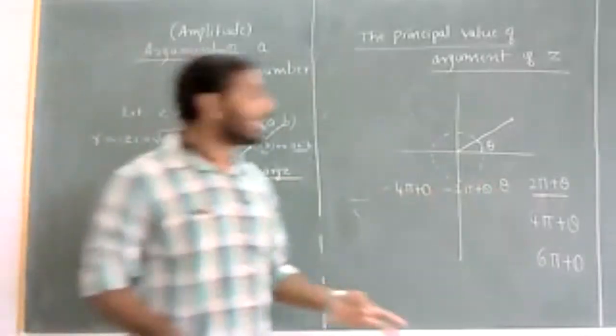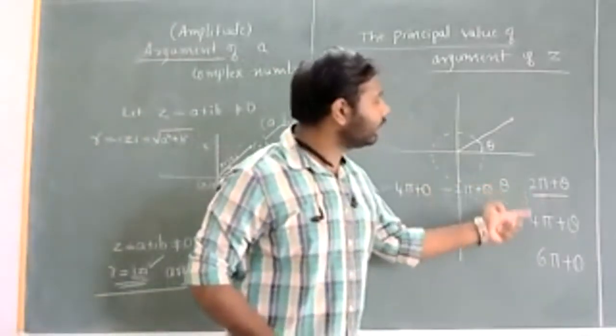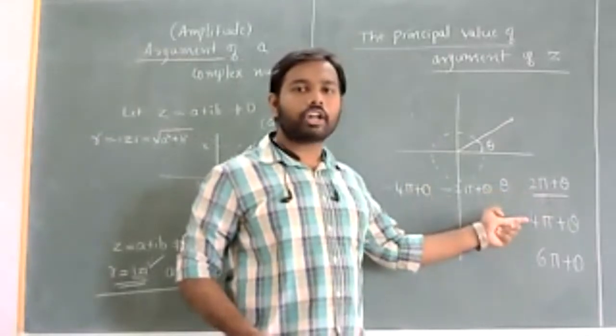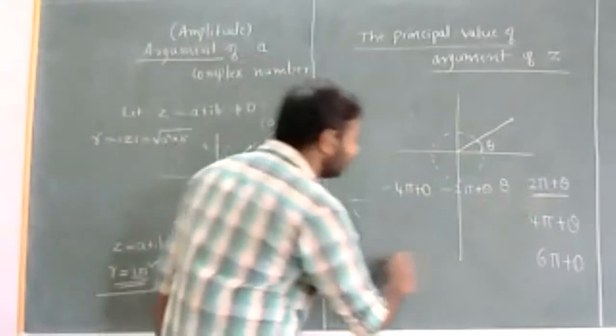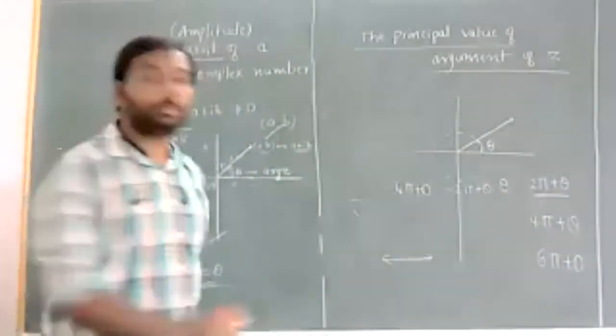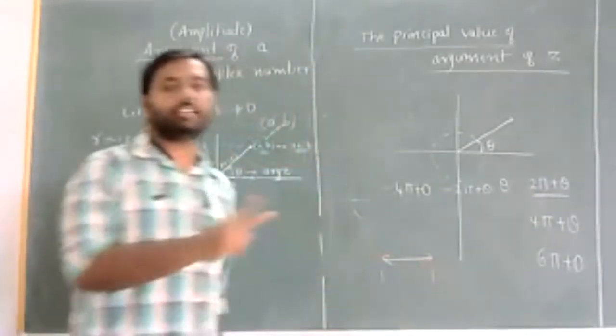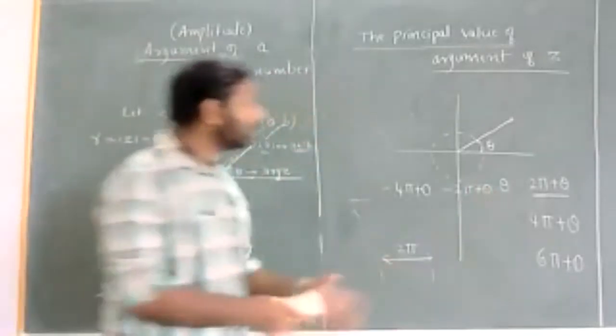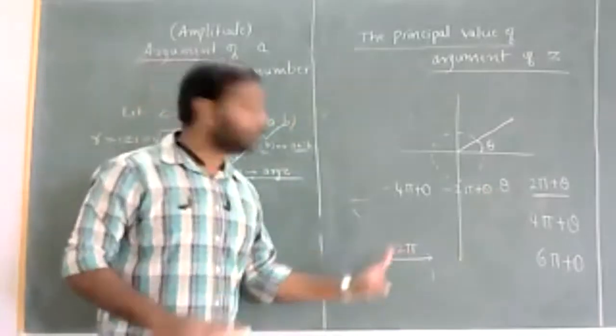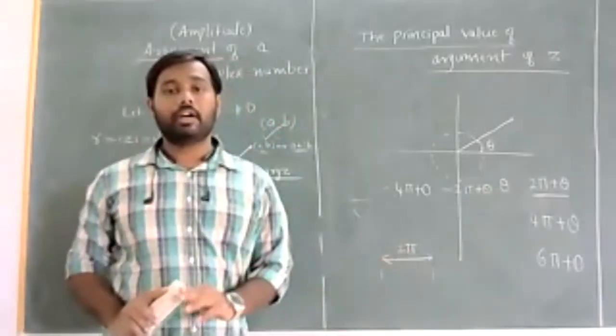And if you see, any consecutive argument values will differ by an angle 2 pi. That means the difference between any two consecutive argument values is 2 pi. This is the minimum difference between two consecutive argument values.